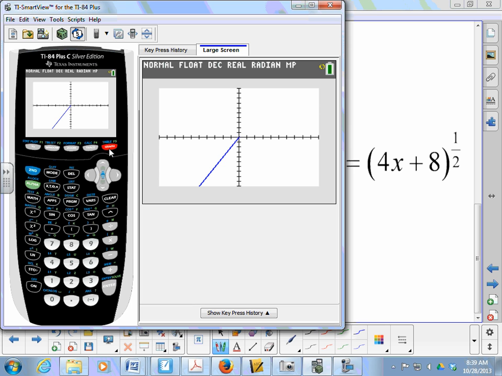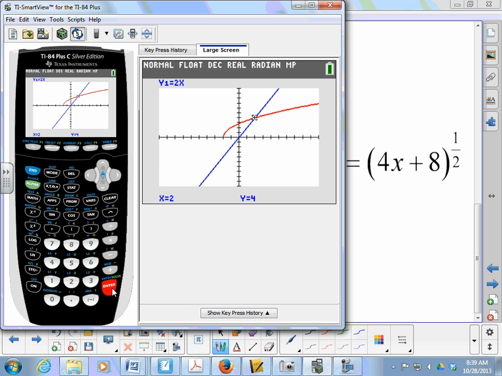Graph them, and they intersect in how many different places? 1. And I'll bet that place is when x equals 2.